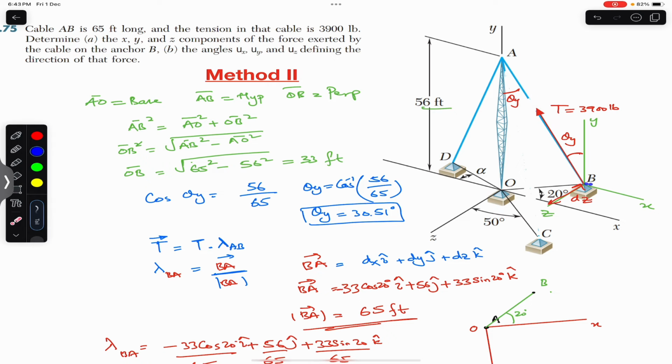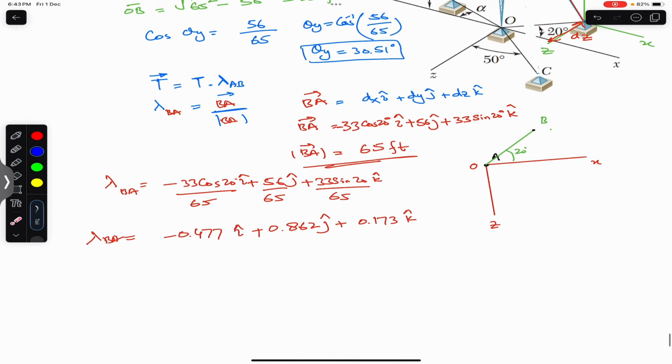Now we know that the components of the unit vector can be written in terms of the direction angles. So we can say that the unit vector in terms of theta x, theta y, and theta z is always cos of theta x i plus cos of theta y j plus cos of theta z k.